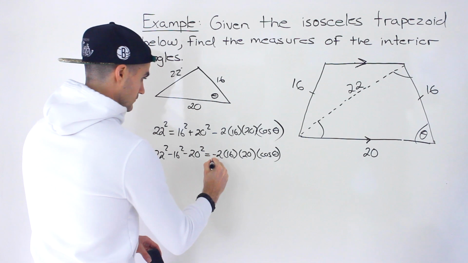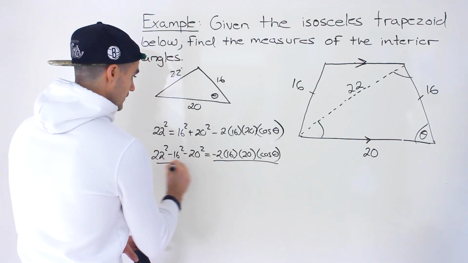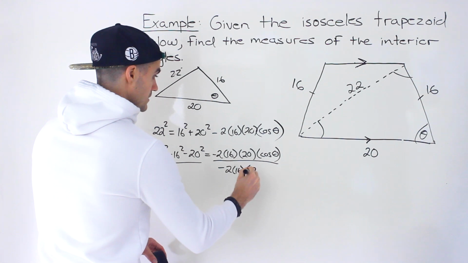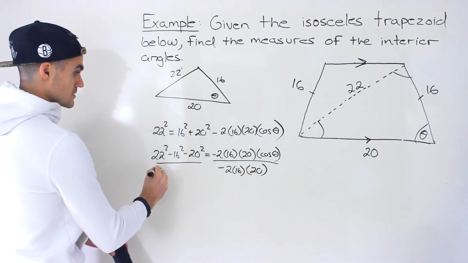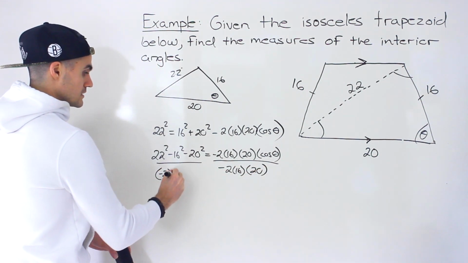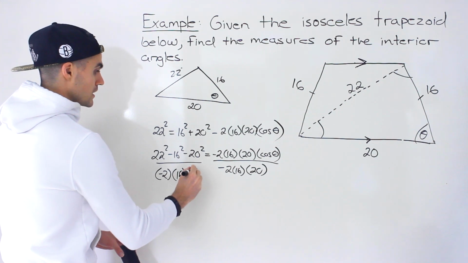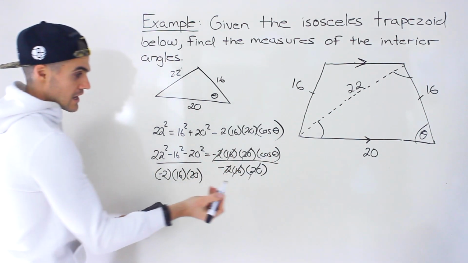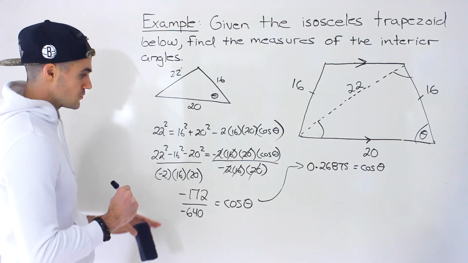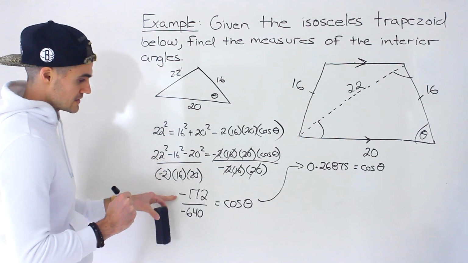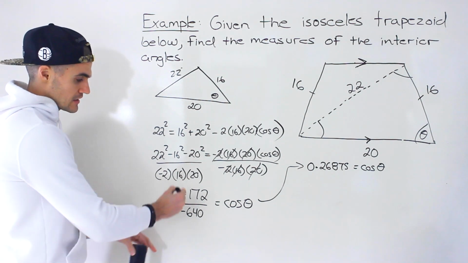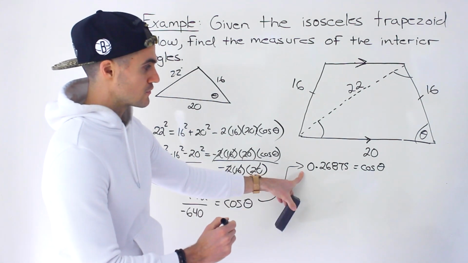Then we divide both sides by negative 2 times 16 times 20 to get cos theta by itself. When you do that algebra, the numerator is negative 172 and the denominator is negative 640. Dividing these, the negatives cancel out, so you get a positive ratio.